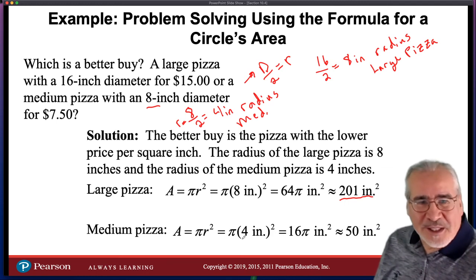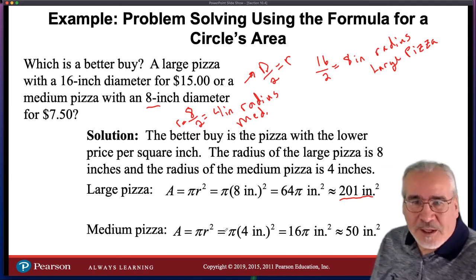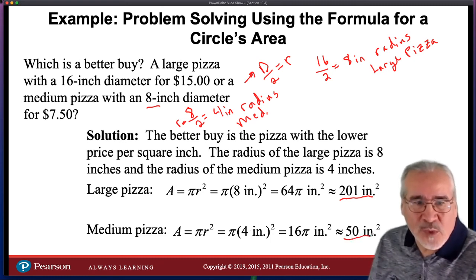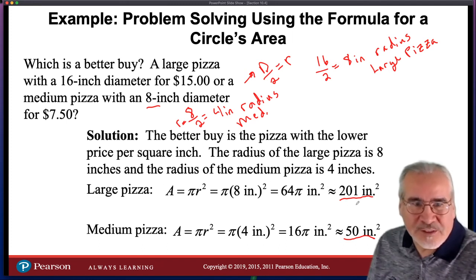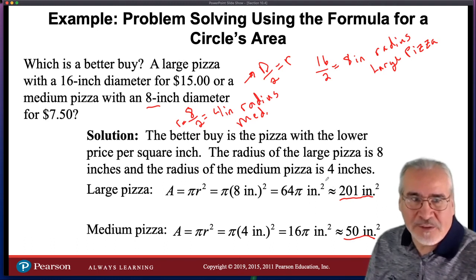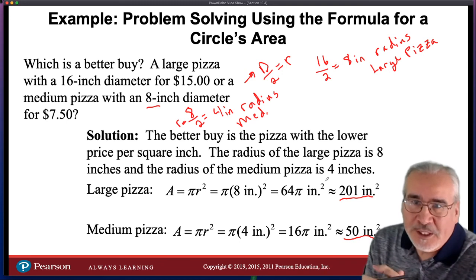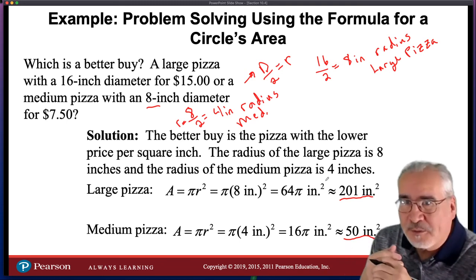And look at this. Whoa, the medium, because it's only a 4-inch radius, ends up being only 50 square inches. That's a fourth. It's not half the size, it's a fourth of the size. So if we were looking at comparable, it should be half of that.